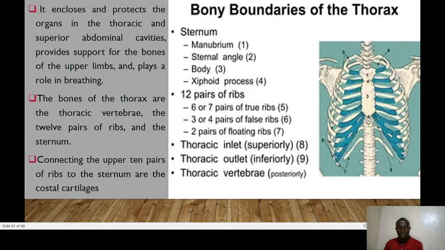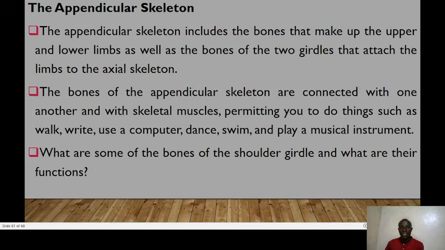You have 3 or 4 pairs of false ribs, and 2 pairs of floating ribs. Then you have the thoracic inlet, thoracic outlet, and thoracic vertebrae. Okay, fine.